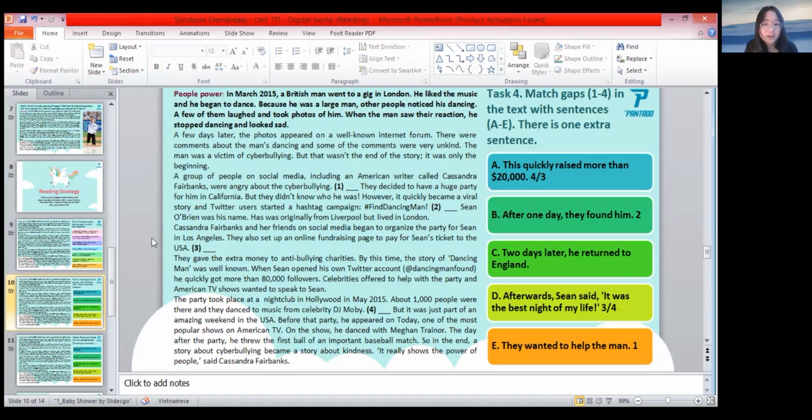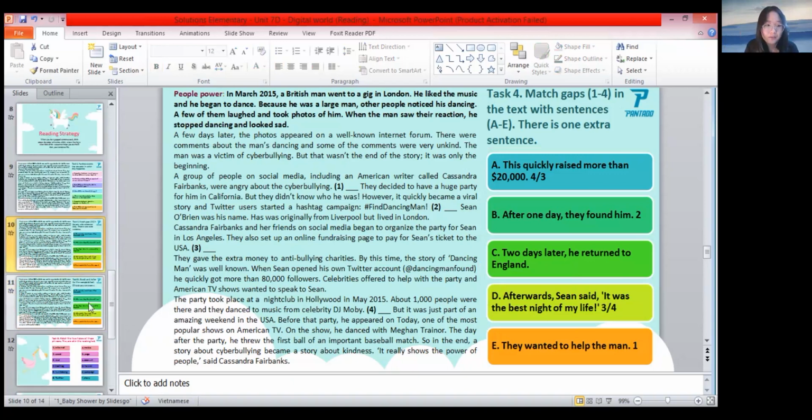Okay, so we finished with this one, and I think it would be great to find out the correct answers so that you can have a better understanding of this text. Okay, so the time is up now.